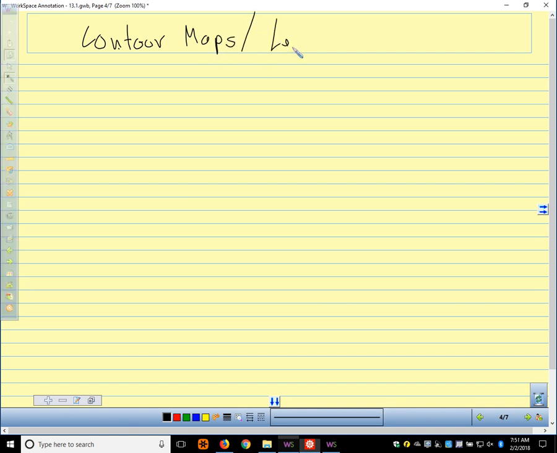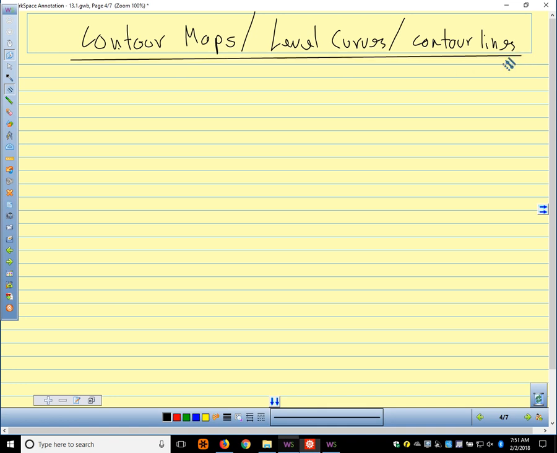Level curves, and contour lines. All right, in order to make a contour map, in order to get a level curve, we sketch curves f of x y equals a constant.